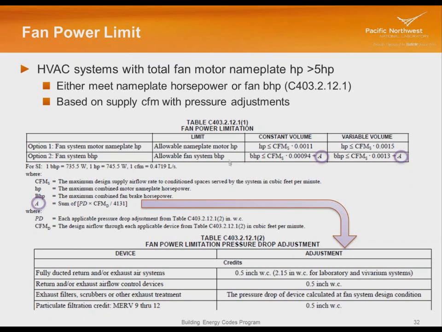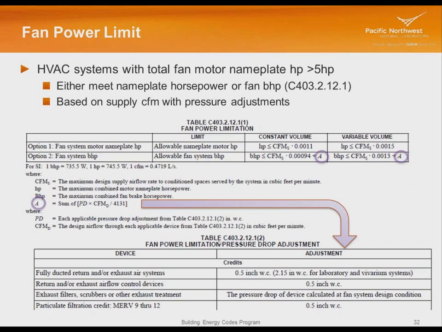Now, for a more complex system, an engineer might want to go with the brake horsepower approach, and usually should show you these calculations, either as a submittal or on the drawings. That brake horsepower needs to be less than the supply CFM times a factor. The factor is different for constant volume and variable volume fans. And then there's this little A adder. What's that? Well, the A adder takes into account the fact that some systems need a little bit more horsepower than other systems.